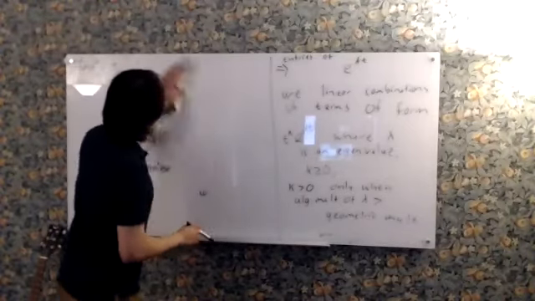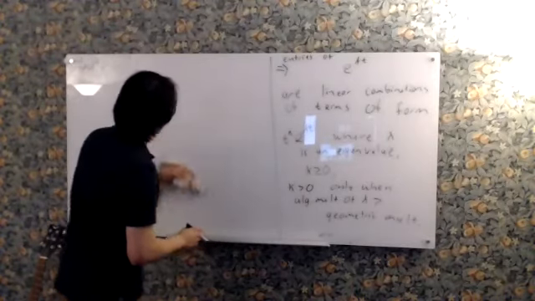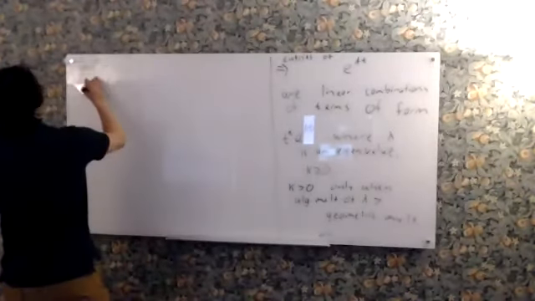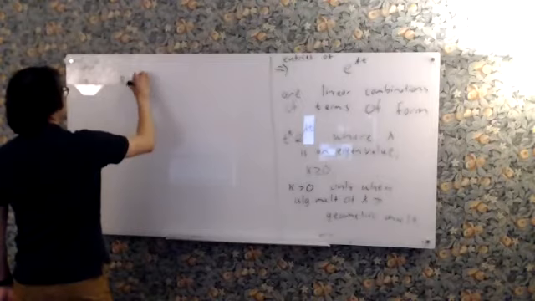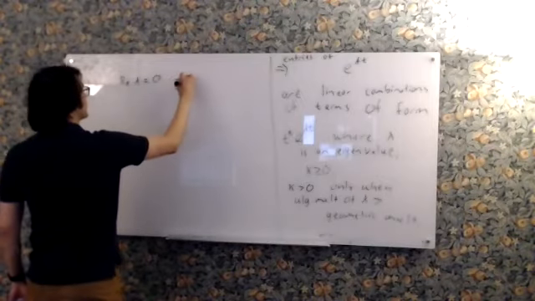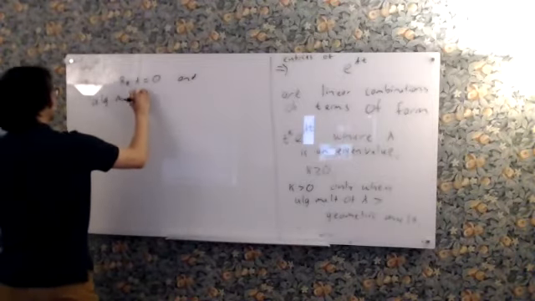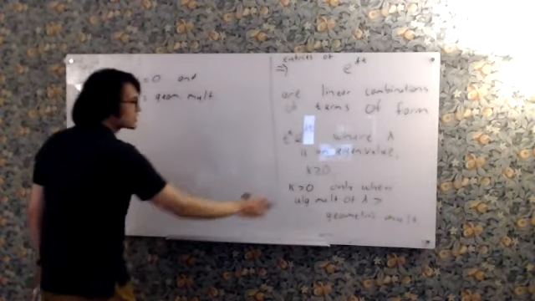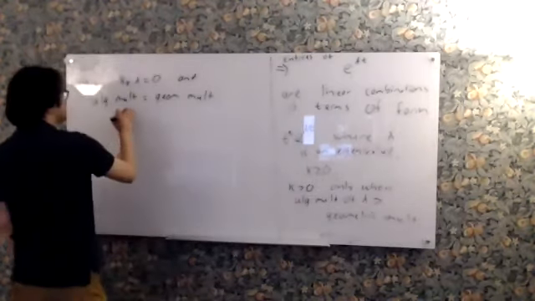If the real part of lambda is equal to 0 and algebraic multiplicity equals geometric multiplicity, based on this condition that we derived before, we must have k equal to 0.